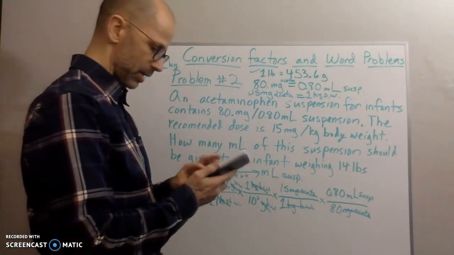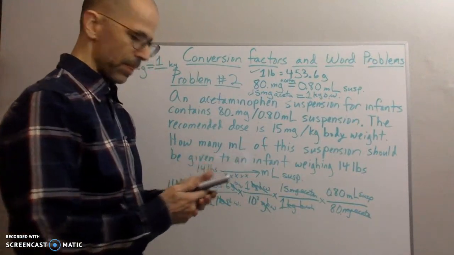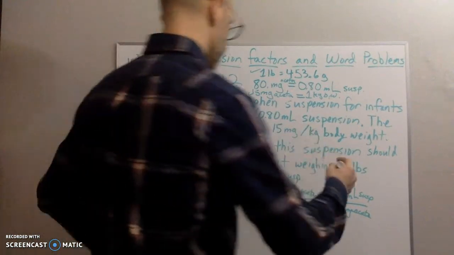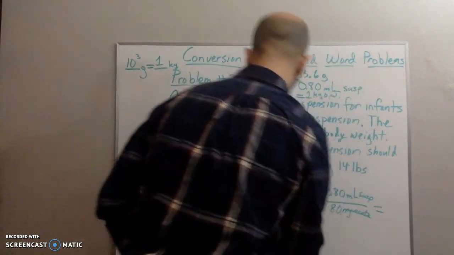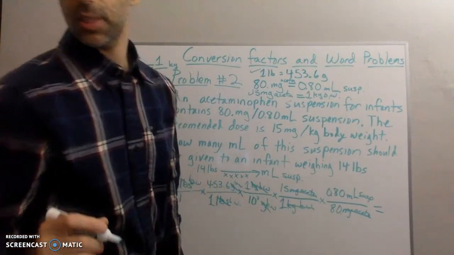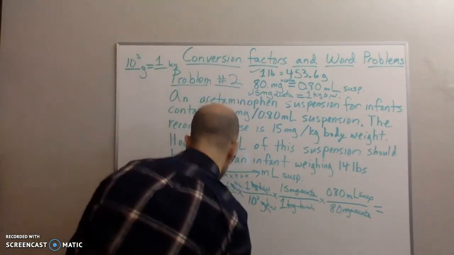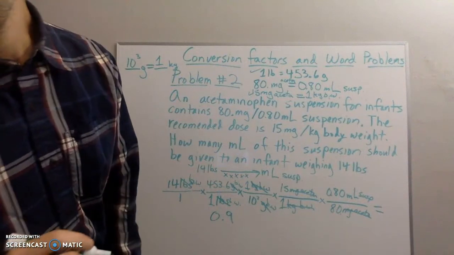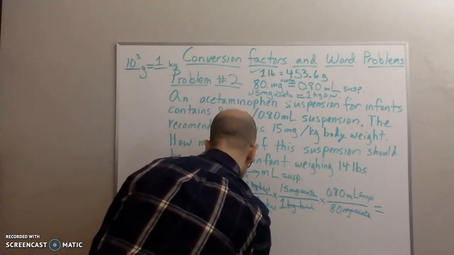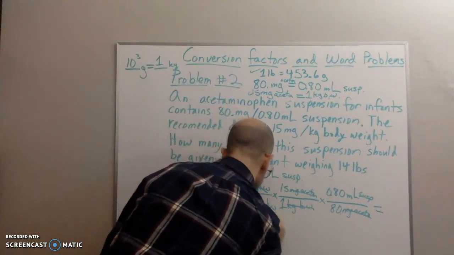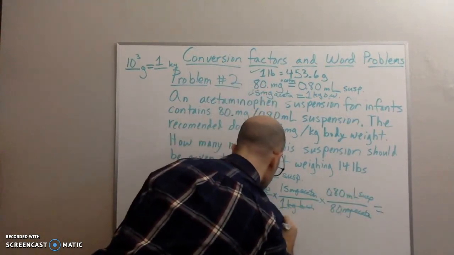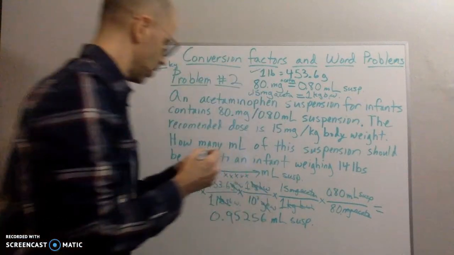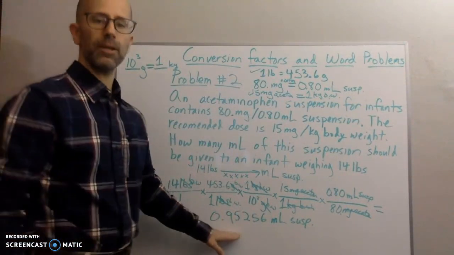Equals, and I get 0.95256, and that is milliliters of the suspension. That's what the calculator gives me.